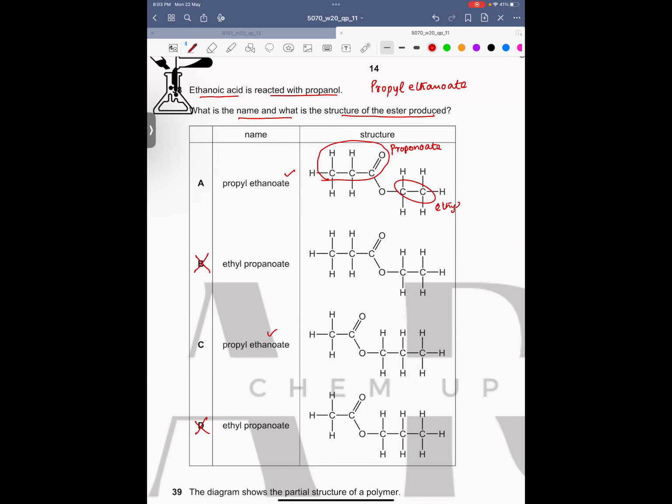So they have told you the correct name, but the structure is of ethyl propanoate instead of propyl ethanoate. So A goes wrong, and my correct answer is C. Is this clear? Yes, Hassan, is it clear to you? Yes, sir. Yes, Abdullah.